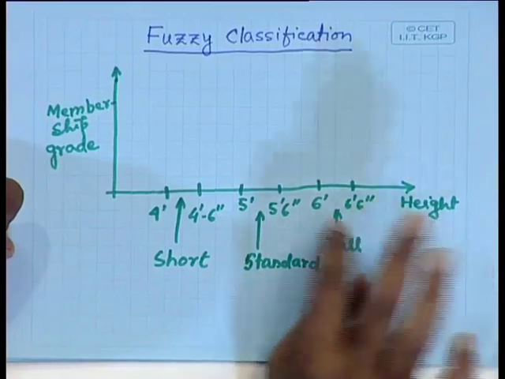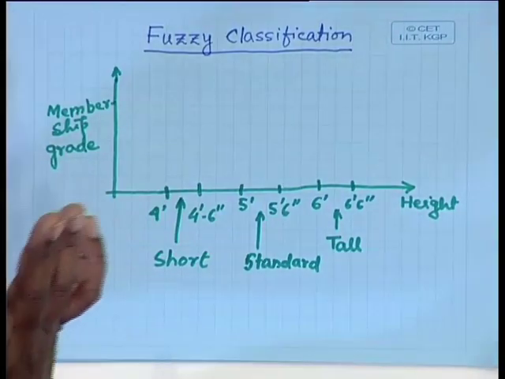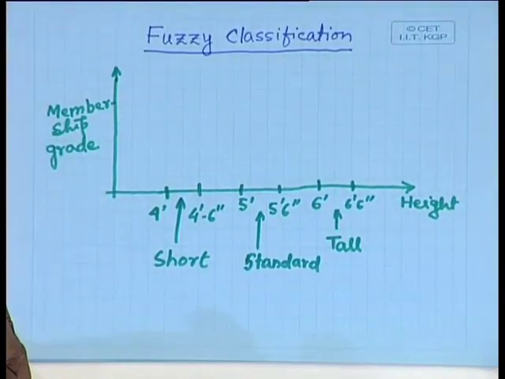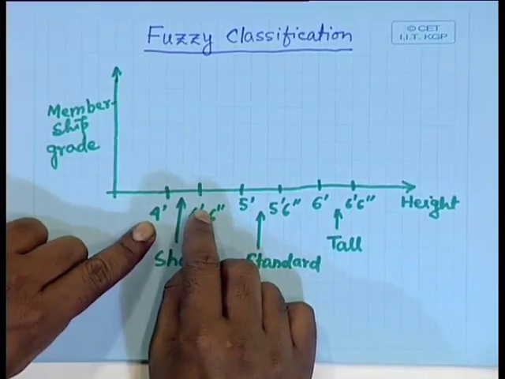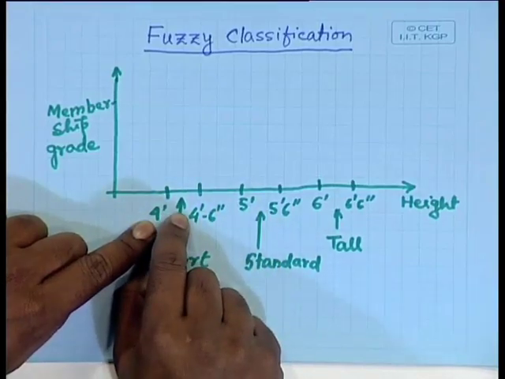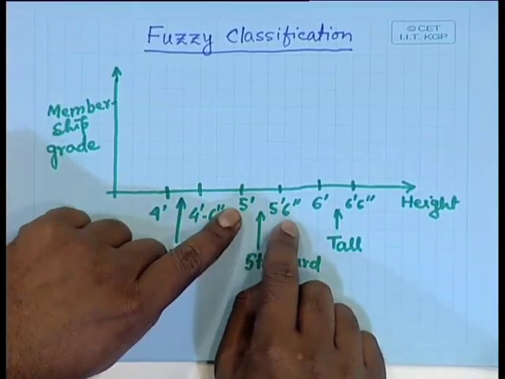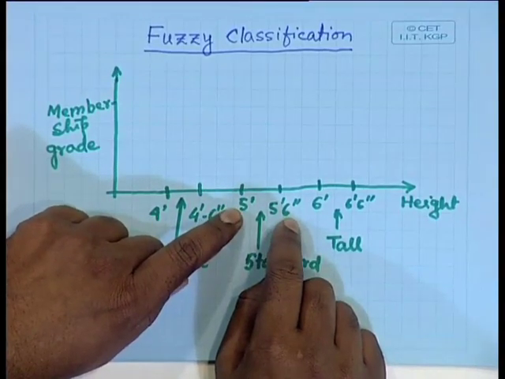If a person has a height within 6 feet to 6 feet 6 inches, then obviously the person is tall, so the membership to the set tall has to be equal to 1. If the height is between 4 feet and 4 feet 6 inches, the membership to the set short has to be 1, that is maximum.